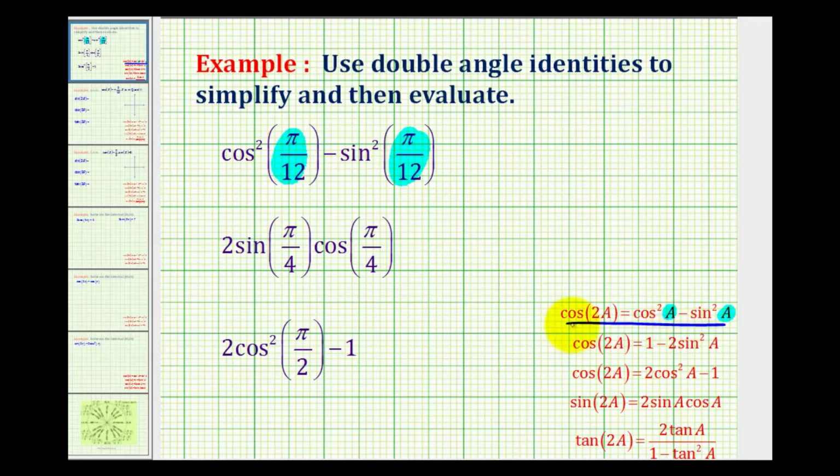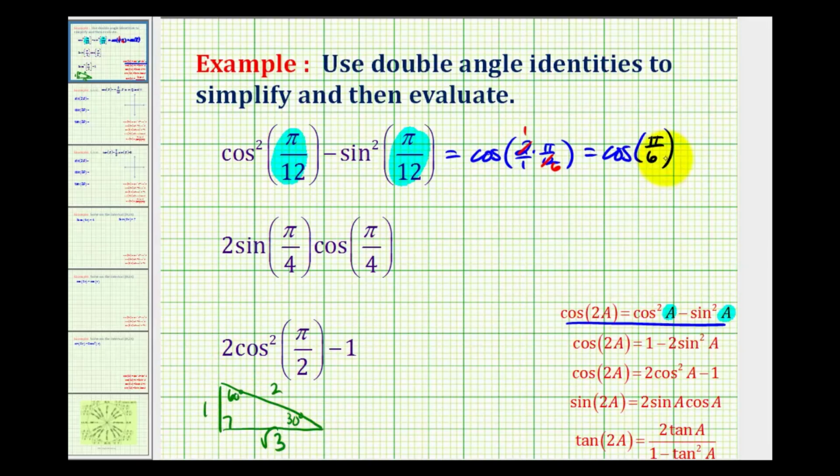So we can rewrite this as cosine of 2a, or cosine of 2 times pi over 12. Put the 2 over 1. This simplifies. So we have a cosine pi over 6, which is a 30-degree angle. Let's go ahead and sketch our reference triangle. And the cosine of 30 degrees is square root 3 divided by 2.